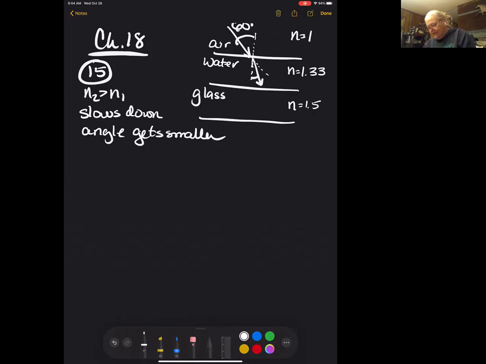Now, I don't know what that is yet, but that's what I've got to find out. So I have to do Snell's law at that first boundary, okay? And so for the air-water boundary, I'm going to do Snell's law.